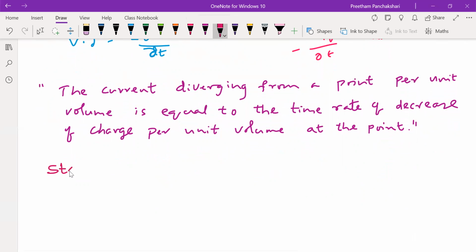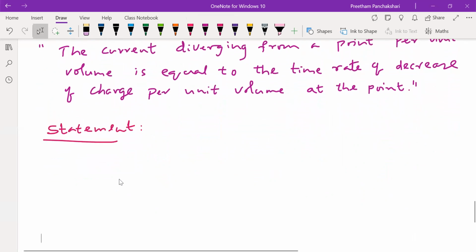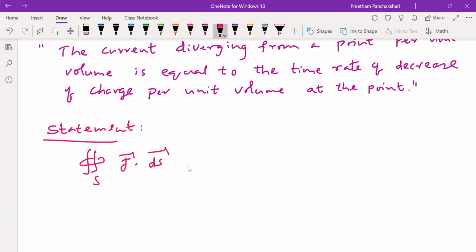So it is always best to make the statement of any law or any theorem or any equation from its integral form rather than a point form. So if you recall, the integral form of the continuity equation, that is closed surface integral of J dot ds is equal to minus dQi by dt.